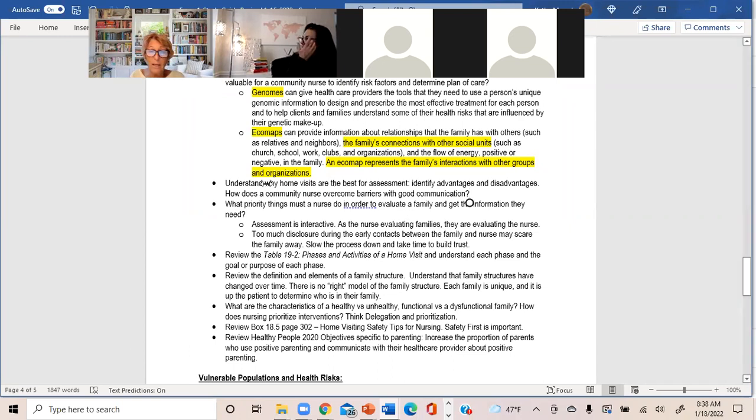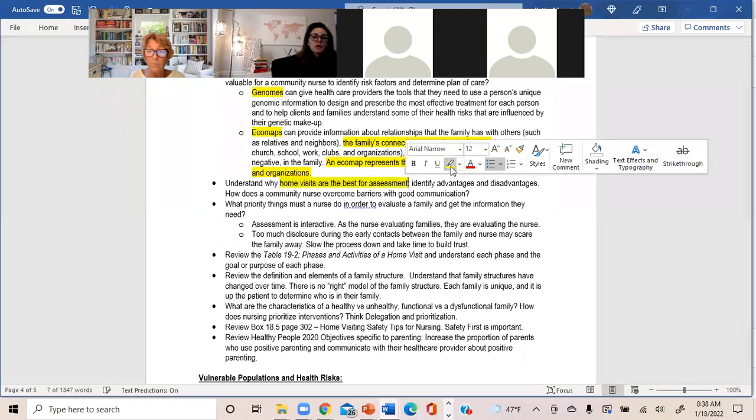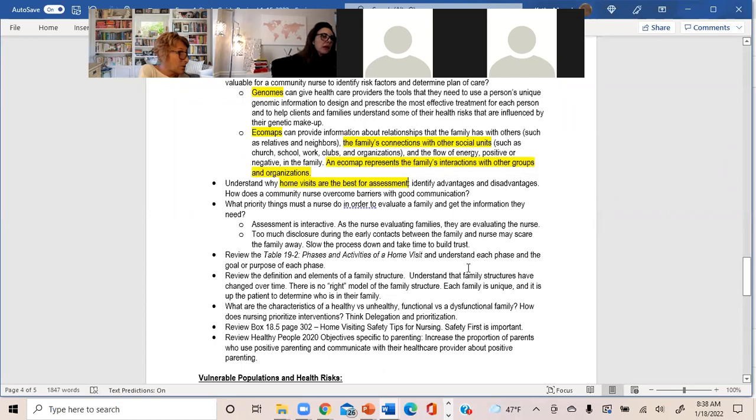That's why they say that home visits are the best kind of assessment. That would be in chapter 18 or 19, family health risks. But home visits are the best kind of assessment for a community nurse.